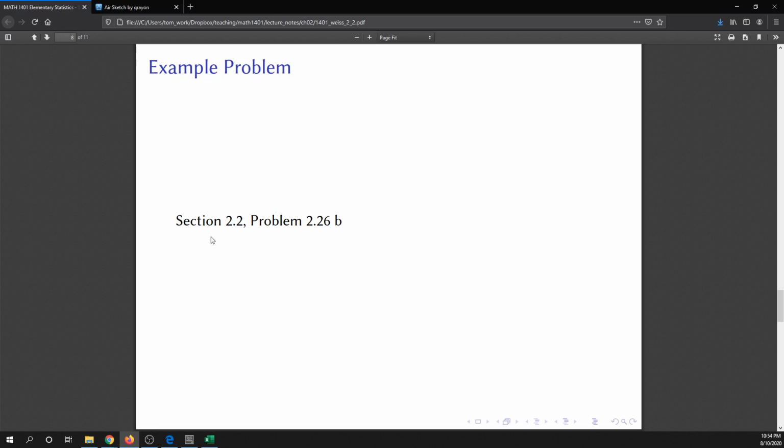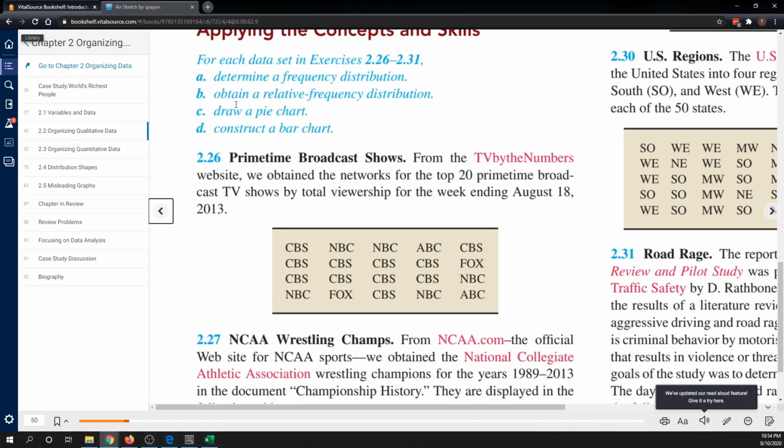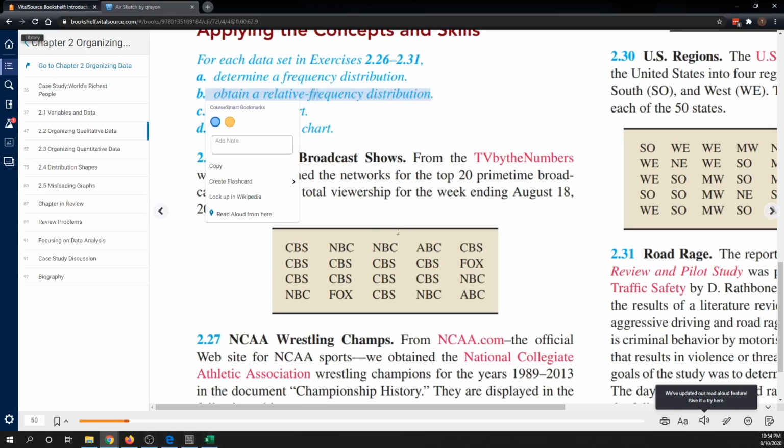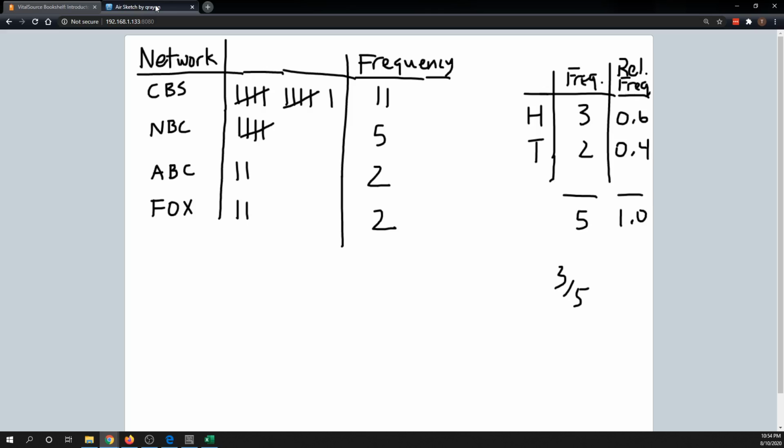And then what we'll do is section 2.2, problem 2.26b, that says we want to obtain the relative frequency for this network data that we had. So I am going to go ahead and erase the coin flip to give myself a little room.